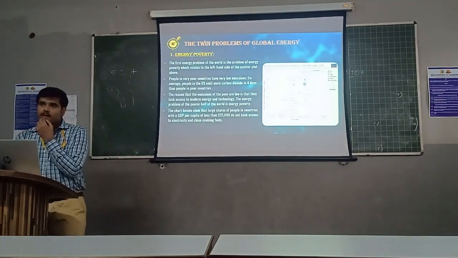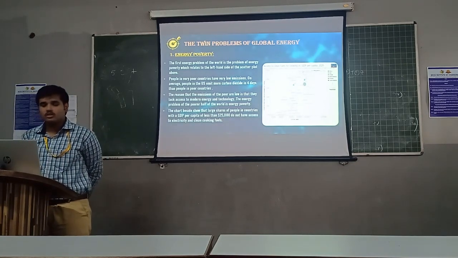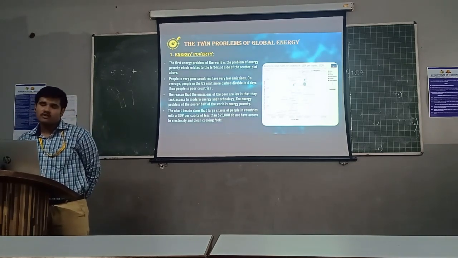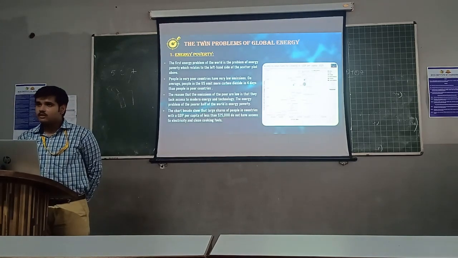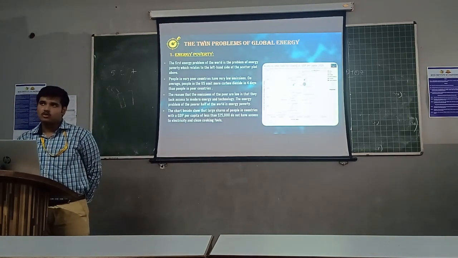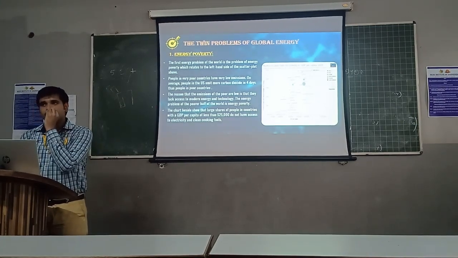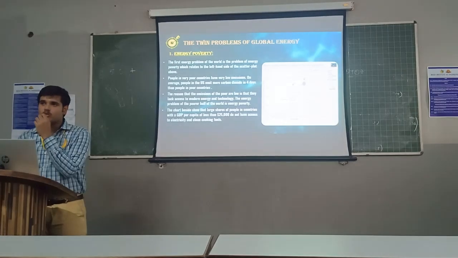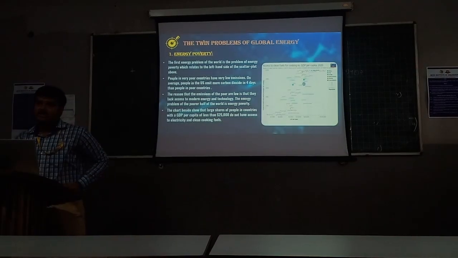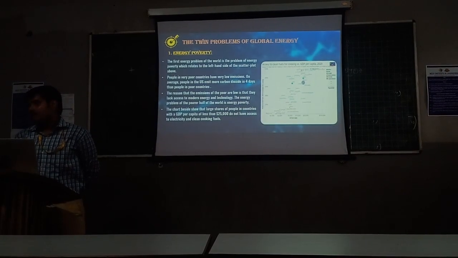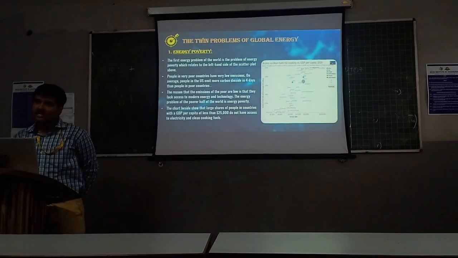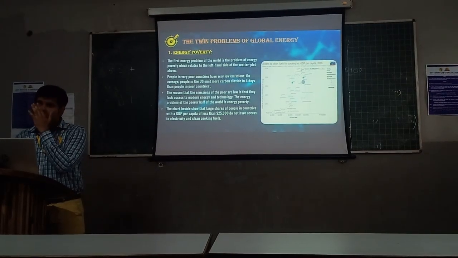Then there are the twin problems of global energy. There is energy poverty. There are some countries in the world where carbon emissions are very low, and the countries don't have clean cooking fuels and electricity as well. Those countries use in an entire year the carbon that the US uses in 4 days.